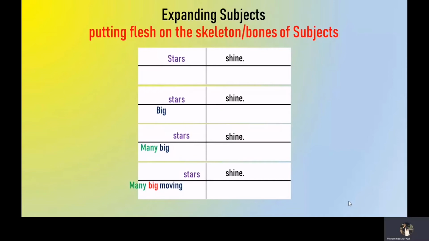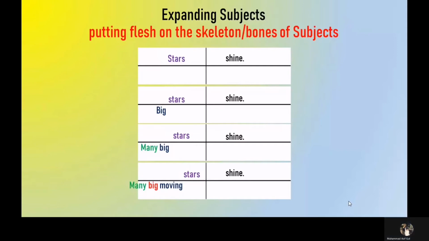But if we add this word big before stars, now we have been given further information about stars. So we have expanded the subject. Now the subject is big stars.